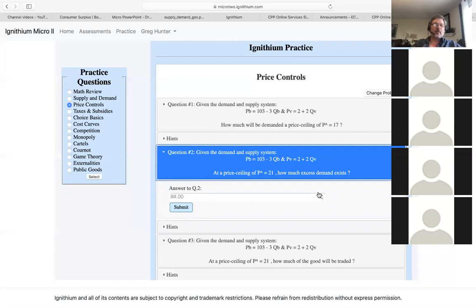There wasn't enough toilet paper supplied, given the quantity of toilet paper that was demanded. So we're comparing quantity supplied with quantity demanded.